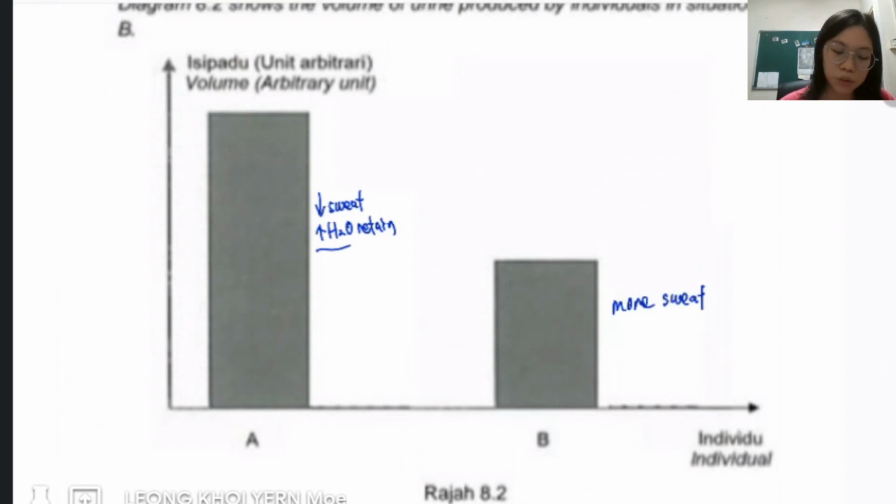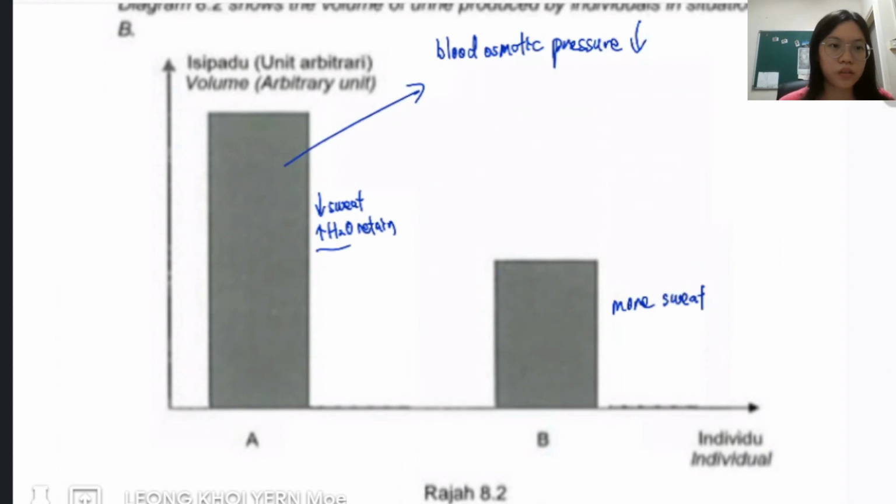So for this person, his blood osmotic pressure is actually lower than normal range. You see blood osmotic pressure through how much dissolved substance is contained in their body.